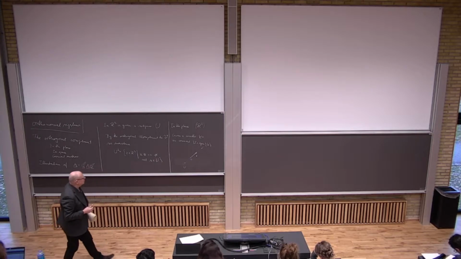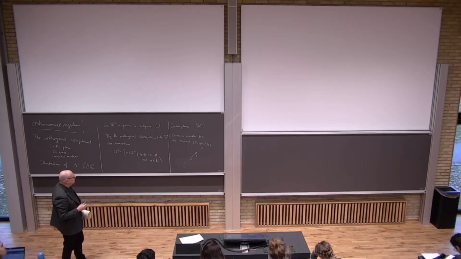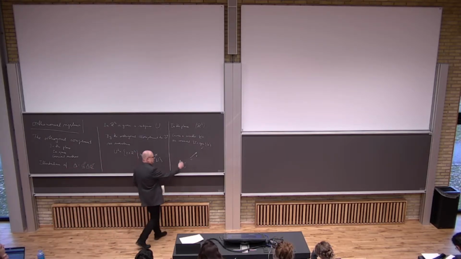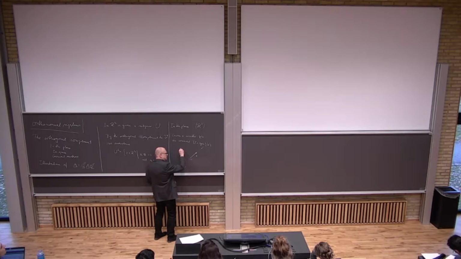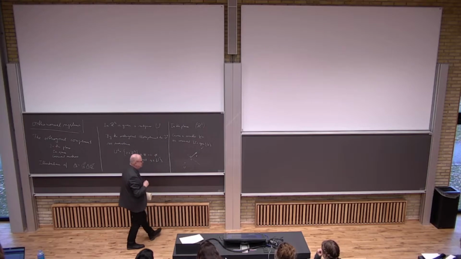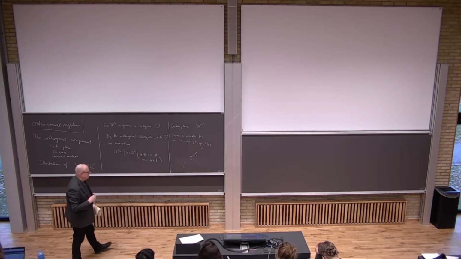Now, the orthogonal complement to this, that will be all vectors that are perpendicular to this line. So let me draw this. So this is a line that is perpendicular to this line. That is, this angle here is pi half, or 90 degrees.